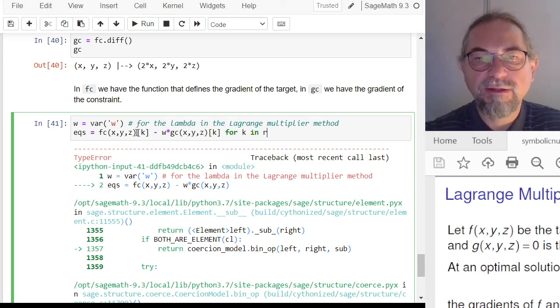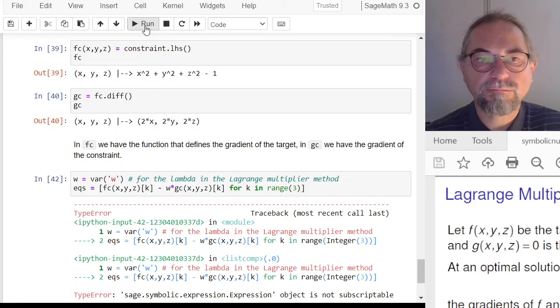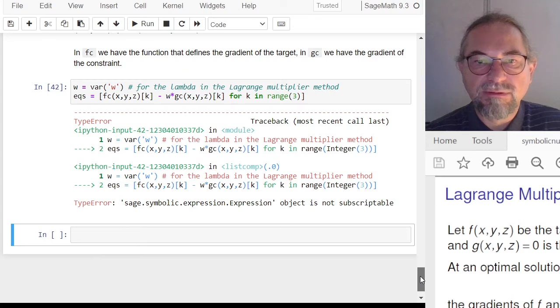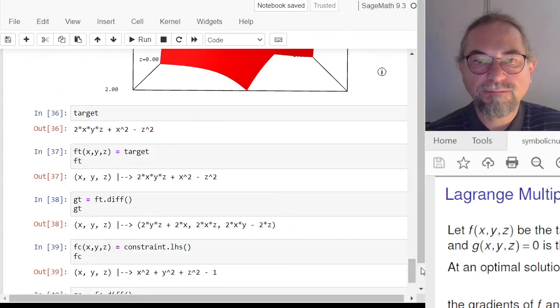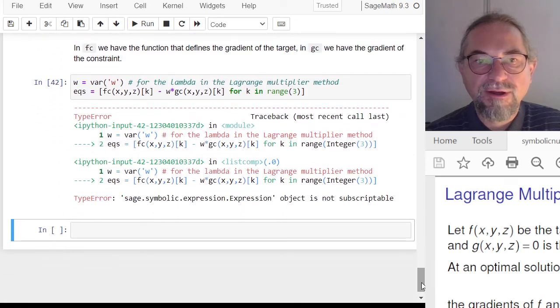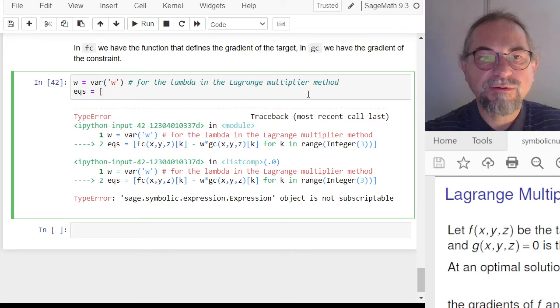So for k in range 3, and that still is not working. So what do I have? I worked too fast, so let me see what happens if I'm evaluating the gradient.